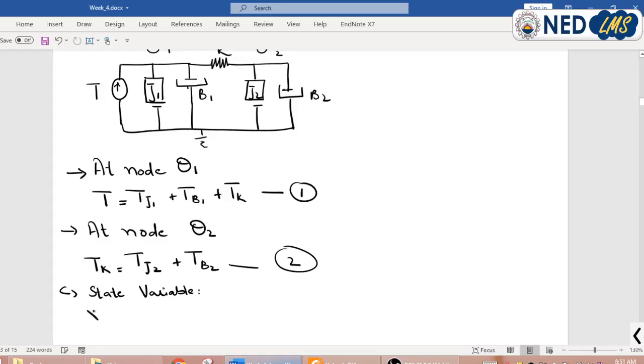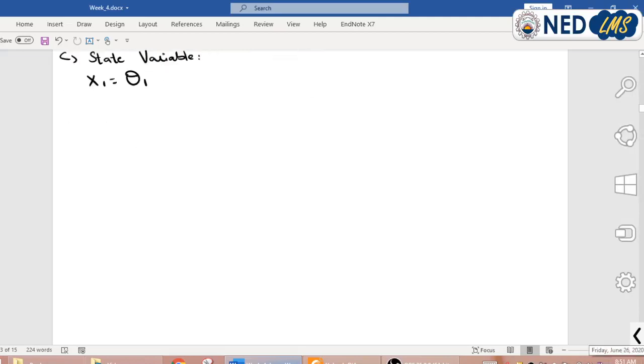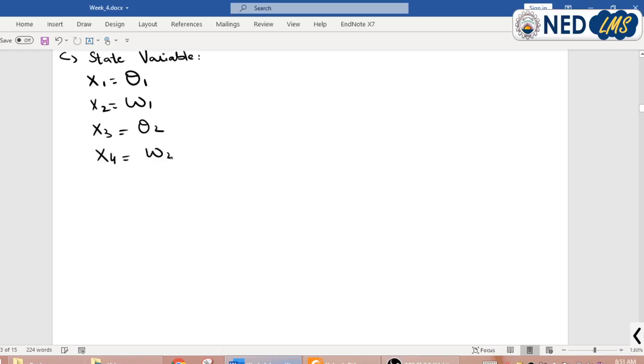My first state variable is x1 equals theta 1, x2 equals omega 1. Similarly, x3 is my theta 2 and x4 is equal to omega 2.